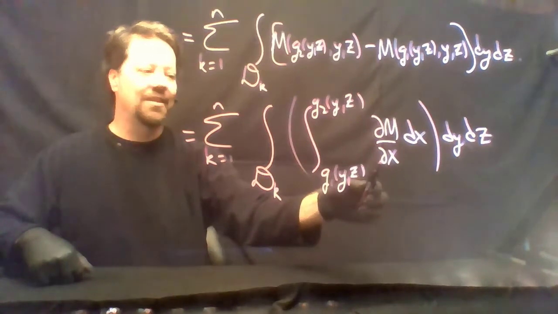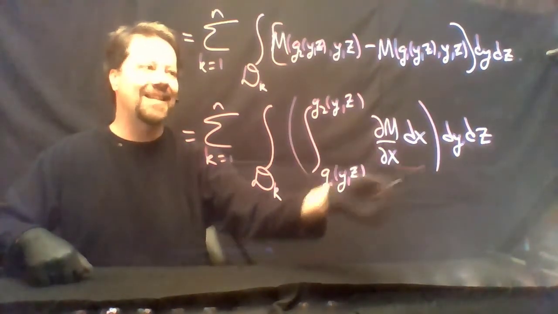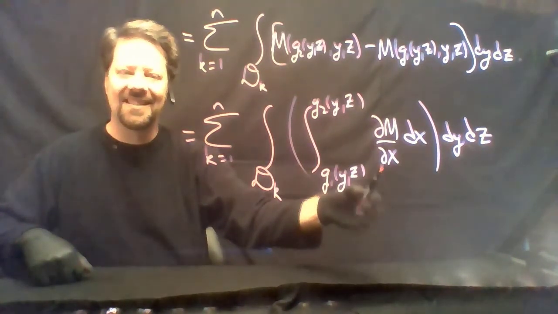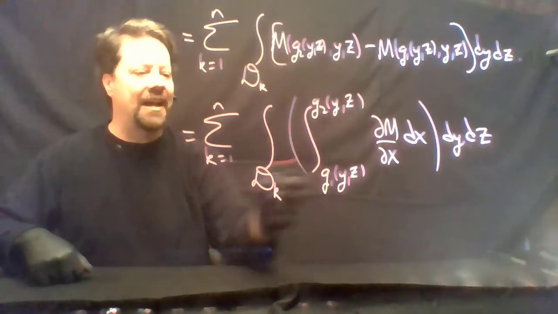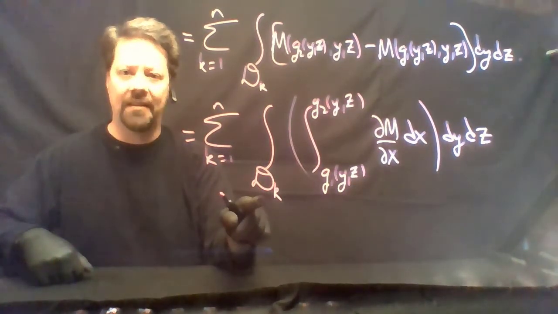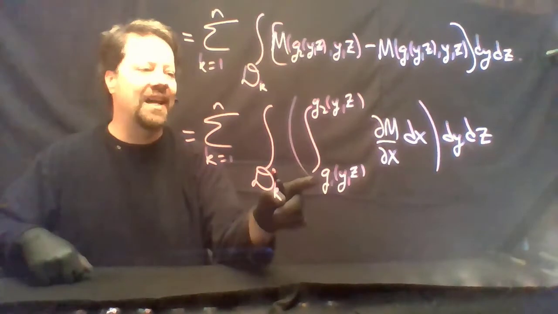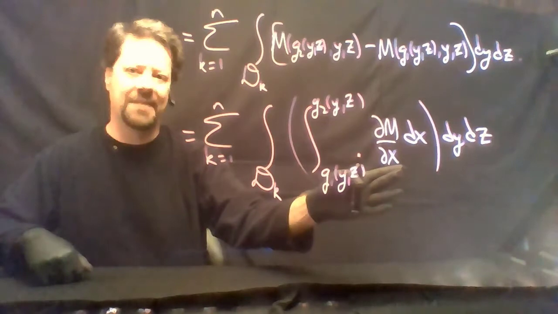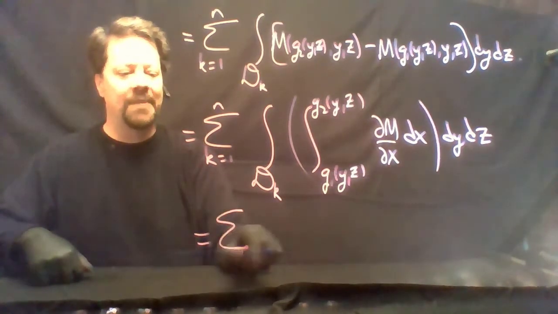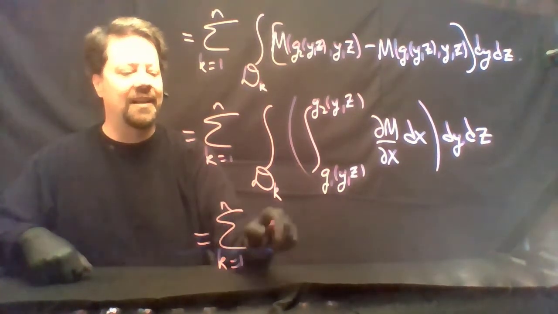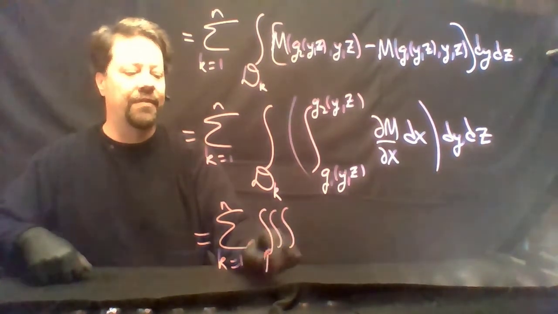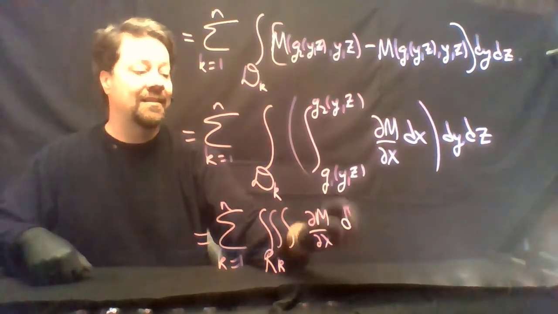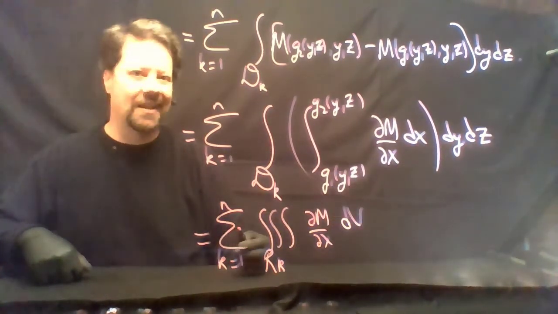When you take the integral of this derivative and evaluate it at the endpoints and subtract, by the fundamental theorem of calculus, you get this. So check it out. We now have a double integral here over this domain for parameters y and z, and yet we have this additional integral now on the x variable of dM/dx. This will be the sum as k goes from 1 to n of the triple integral over the region Rk of dM/dx dV, which is dx dy dz.